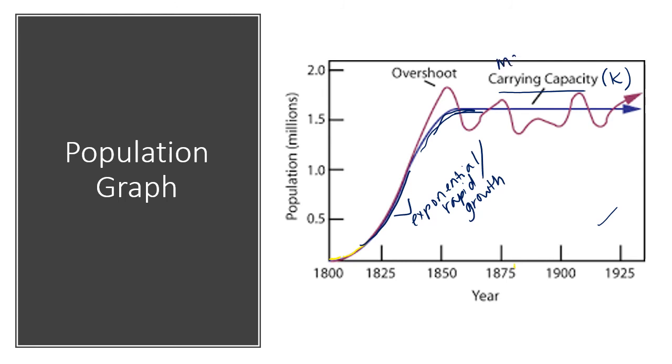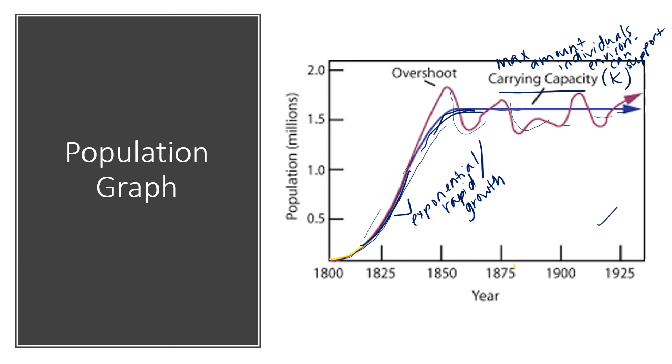So this is the maximum amount of individuals that an environment can support. Okay, so this is like the proposed graph, this nice straight line, and then this jaggedy line is kind of what happens in real life or with real organisms.